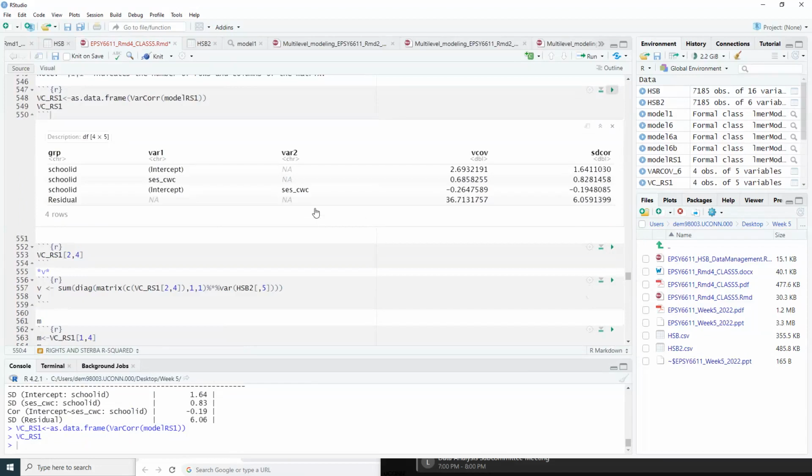So yes, because it's randomly varying slopes. So I'm going to be looking at CWC. That's going to be row 2. Row 2, column 4 is 0.6858255. That's the variance of the randomly varying slope.